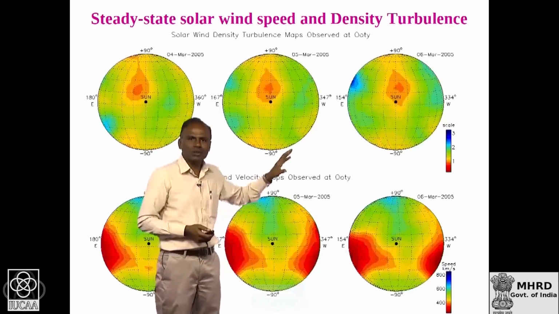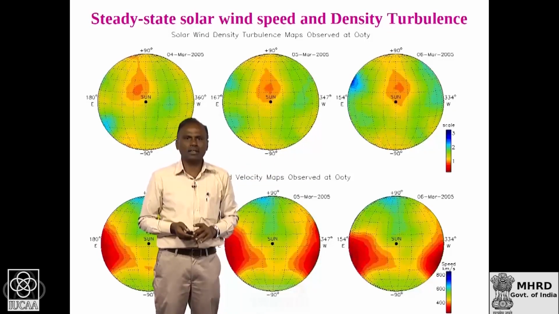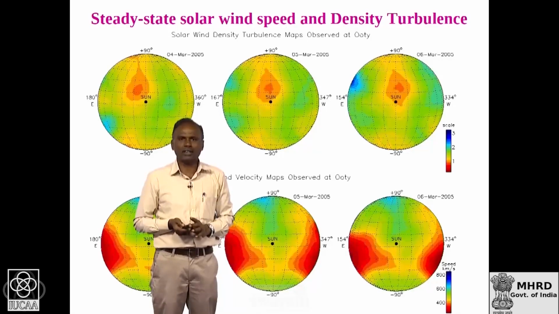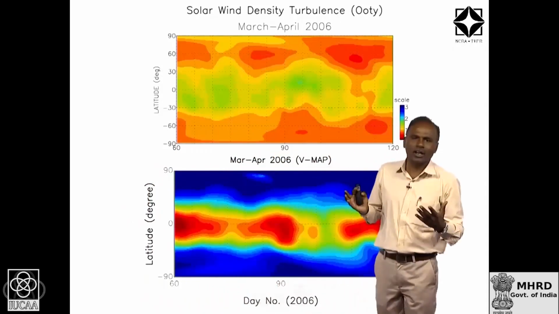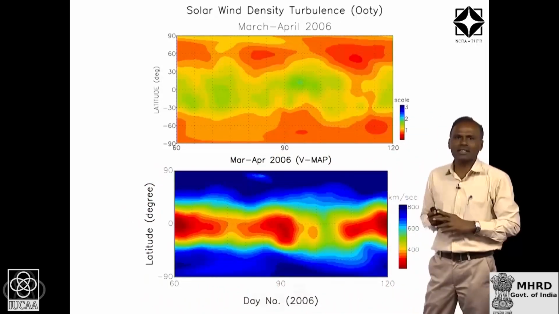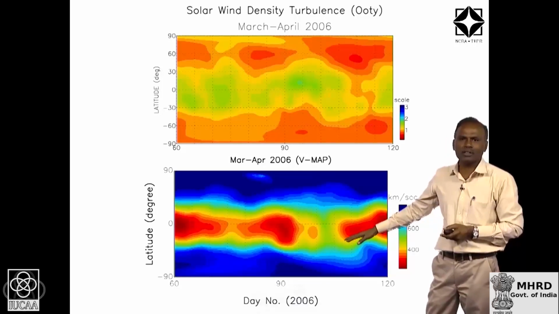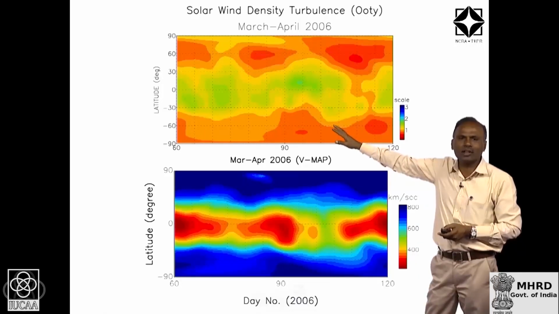You can see small structures to large structures in the heliosphere. This is something like a 200 solar radii diameter heliosphere. This plot shows the solar wind density turbulence and solar wind speed. The bottom plot is for the speed, the top plot is for the solar wind density turbulence.